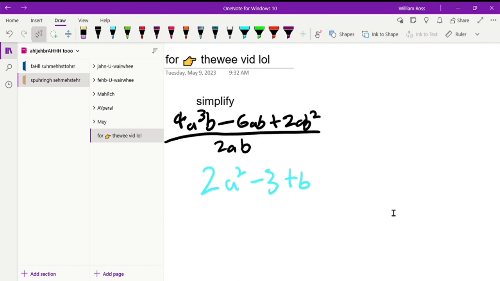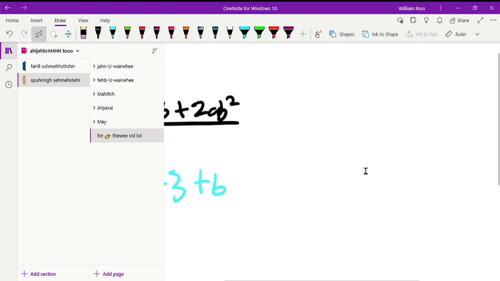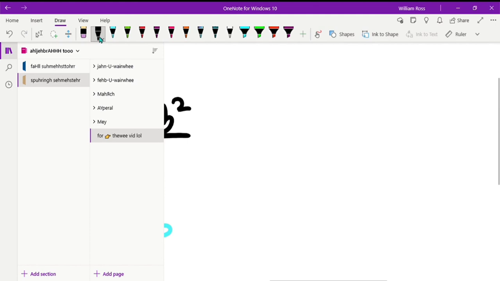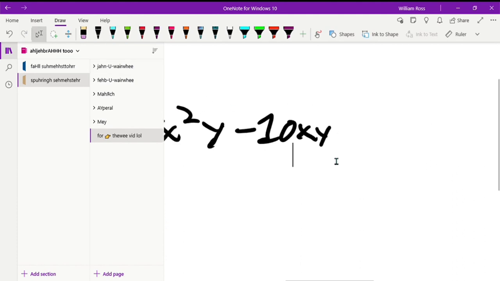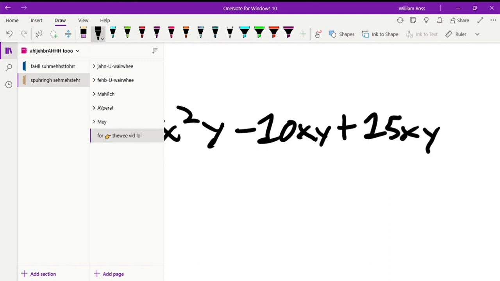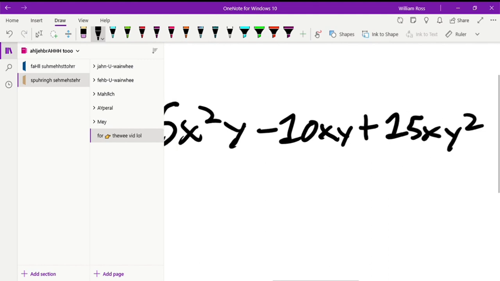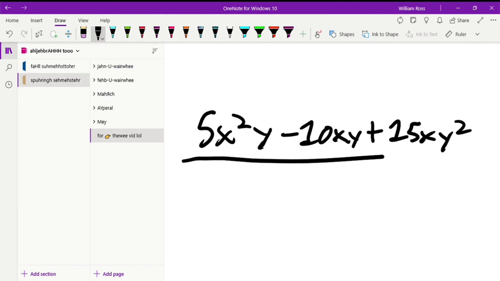Alright, let's try another one. Let's try 5x squared y minus 10xy plus 15xy squared over 5xy.